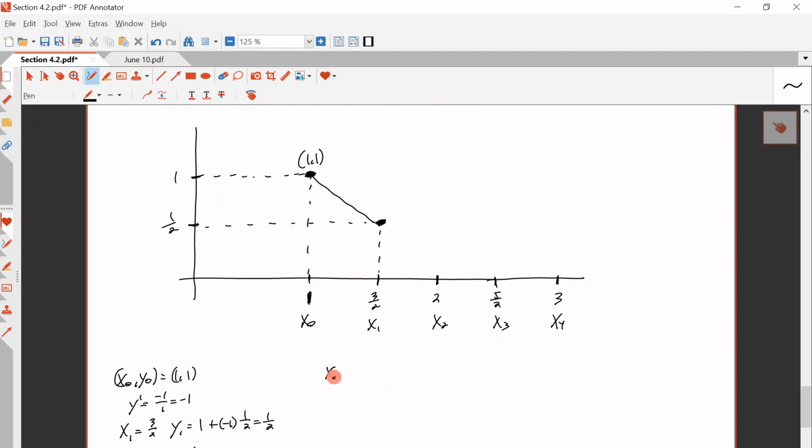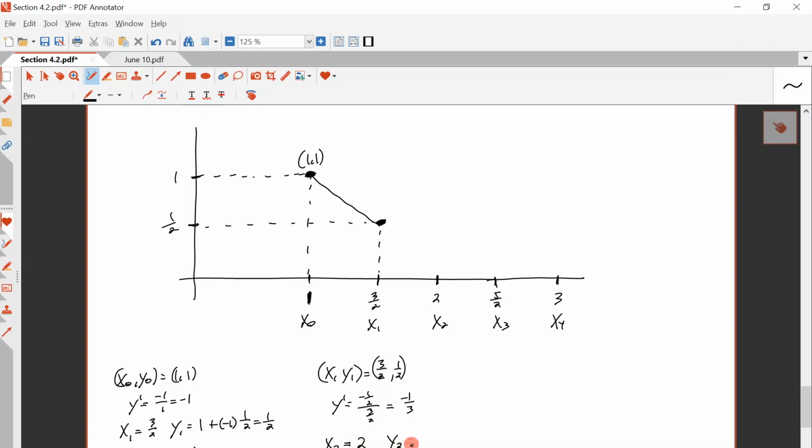So x1, y1 is 3 halves, 1 half. Y prime is equal to minus y over x. So that's minus 1 half over 3 halves, which is equal to minus 1/3. x2 is equal to 3 halves plus a half, which is 2.